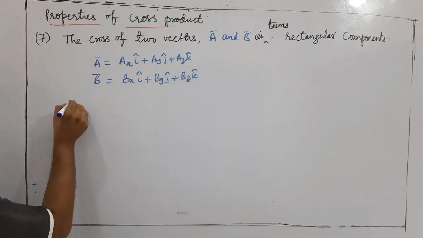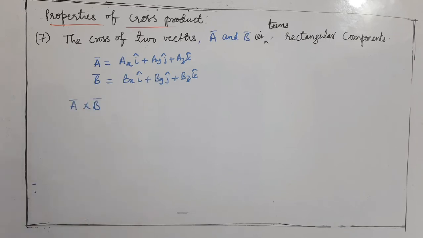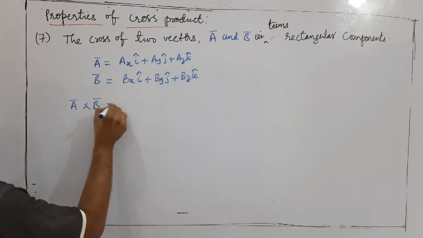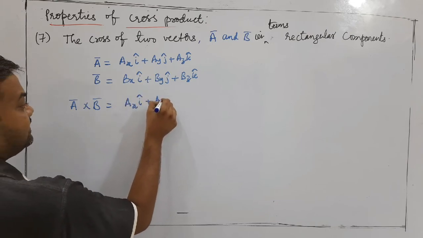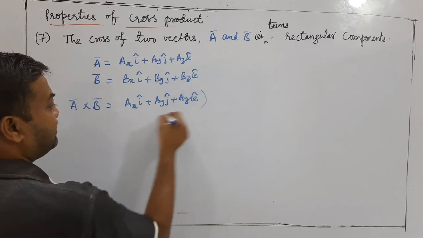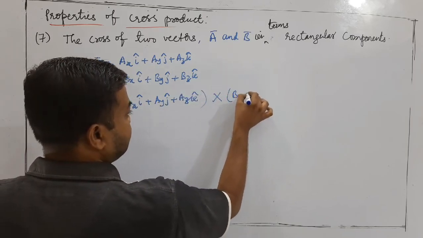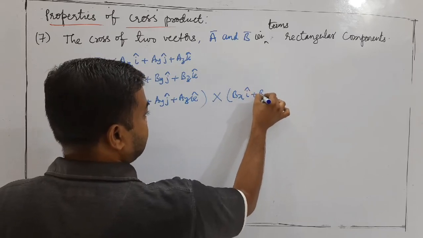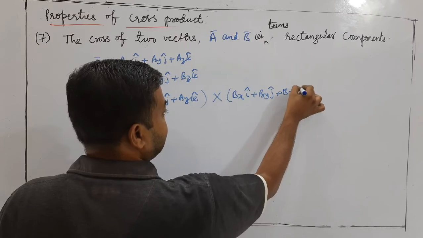How can I find out the value of A bar cross B bar? How can I find out? Simply, if you write mathematically AX i cap, AY j cap, AZ k cap cross BX i cap plus BY j cap plus BZ k cap.